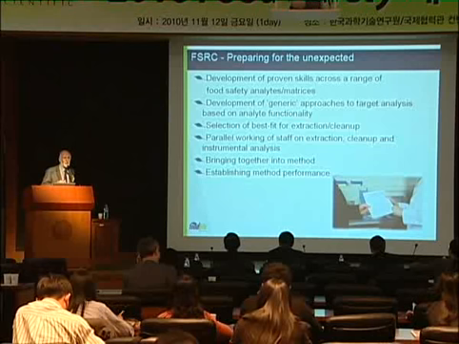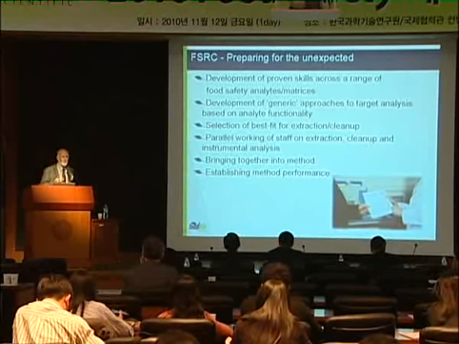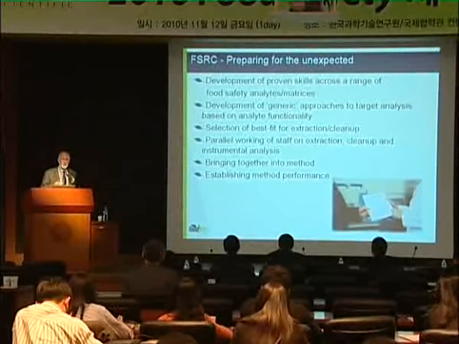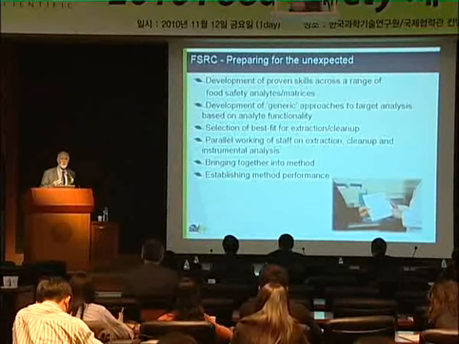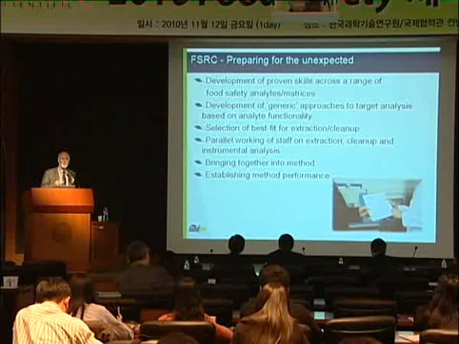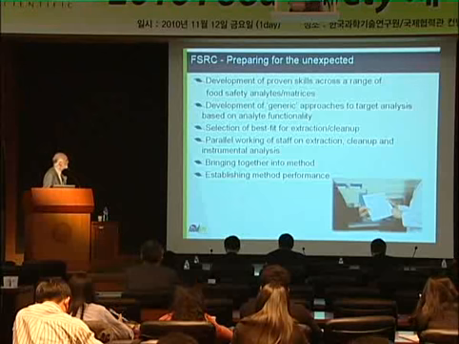One will start looking at extraction, one will look at clean-up techniques, one will look at instrumental methods, and very quickly they'll bring together a robust method that can be shared with the food safety community. So this is not a facility that's in competition in any sense with anything that's going on elsewhere. It's a facility that's going to be available to help in the event of a crisis by sharing analytical methods. So this is the Food Safety Response Centre.